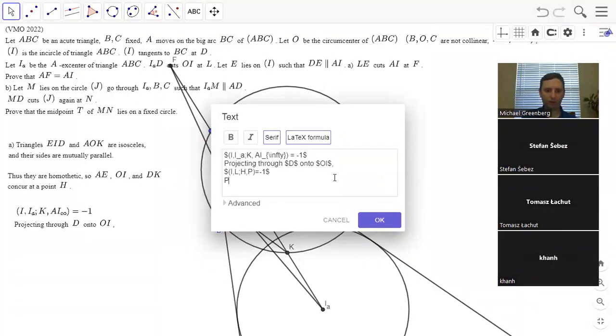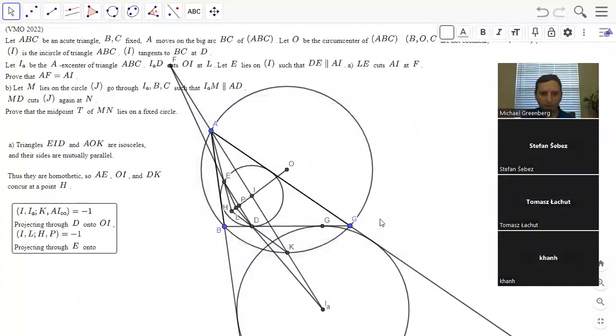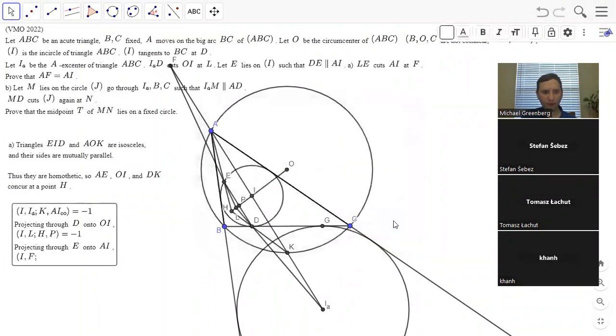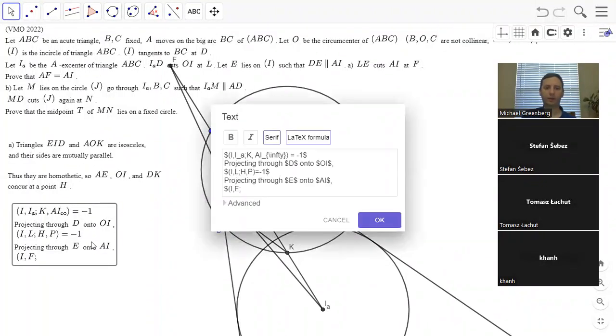And then projecting through E onto AI, then we have F. (I, F; A, infinity) is -1.